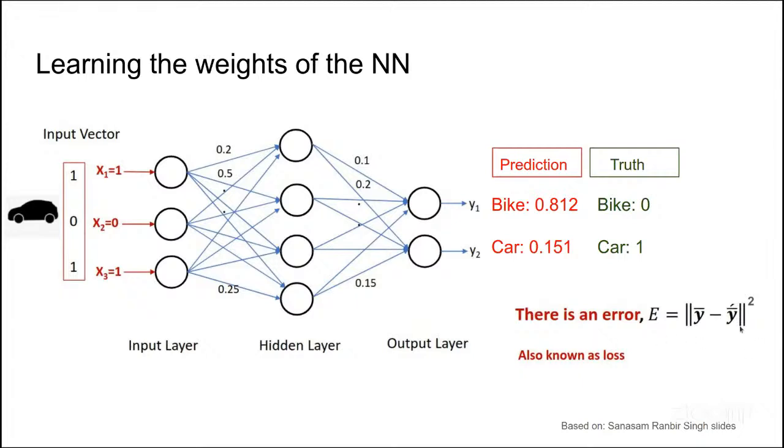We define this error, also known as the loss function, as the mean squared error. What we are using is a squared error, and if you divide it by the total number of examples, it's called the mean squared error. We use the squared error to calculate the error of the network.